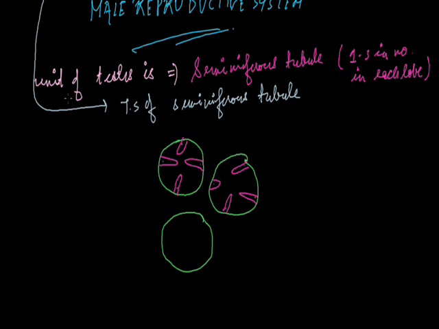In between these are present the male germ cells, also known as spermatogonia.